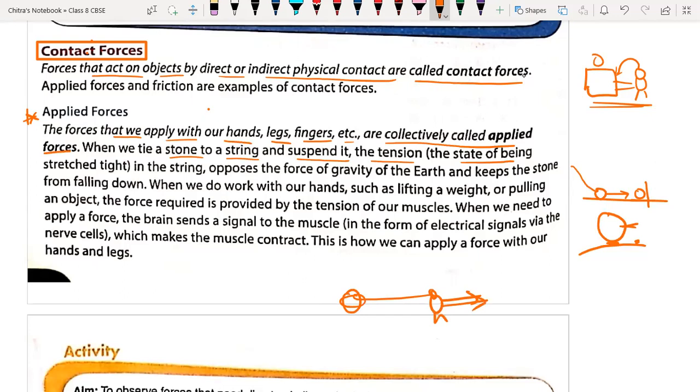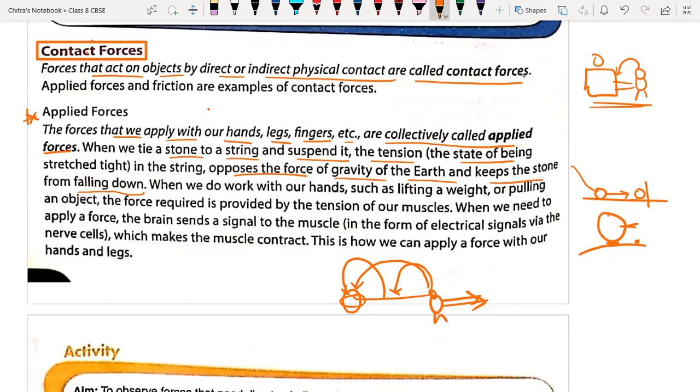That means you are not applying force on the stone directly, but you are applying force on the string, and the string is applying force on the object. So it is an indirect force applied on the stone. The string opposes the force of gravity of the earth and keeps the stone from falling down.